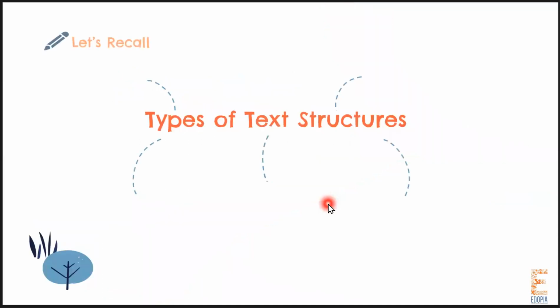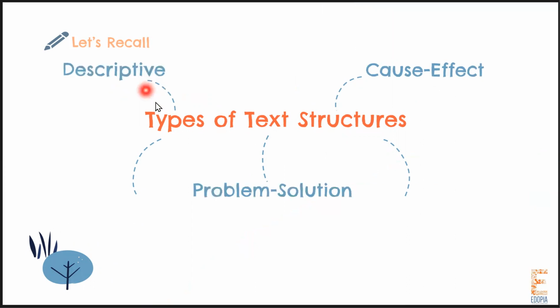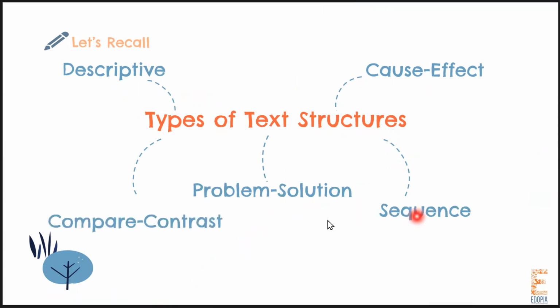Now, informational text is organized in one or more of the 5 different text structures that we have already studied. Let's look at them and revise what they are. The first one is cause and effect, descriptive, problem and solution, sequence, and compare and contrast.